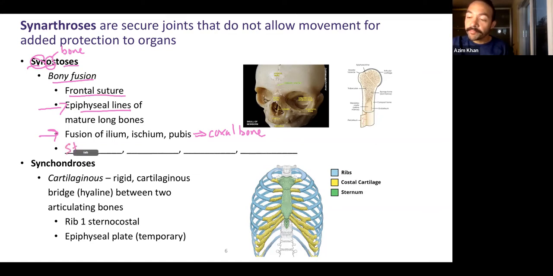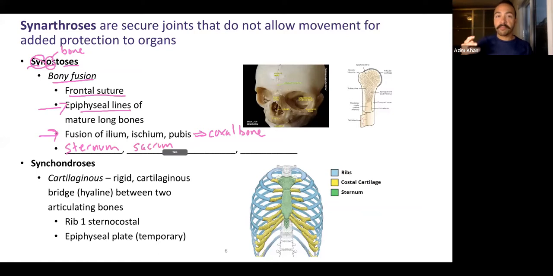The sternum, the manubrium, body, and xiphoid process, those 3 fuse together to form one. The sacrum. Sacrum used to be about 5 vertebrae that fuse together. The coccyx used to be 2 to 3 vertebrae that fuse together.